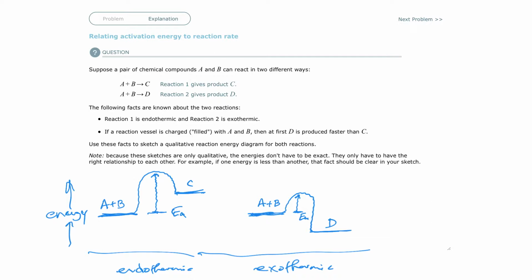So making D faster than C makes perfect sense energy-wise, because the energy it takes to overcome this barrier from this side to this side is very low. To go from here to here is higher, and so it's less likely to make C than D. You're going to be more likely to make D than C. So that's an energy diagram and rate. It makes D faster because there's less energy required.